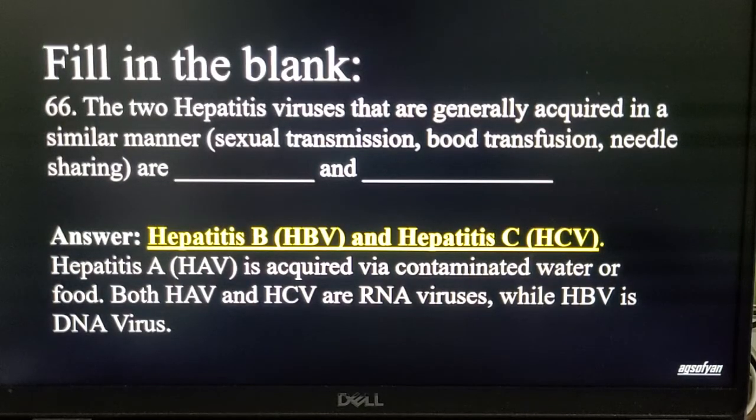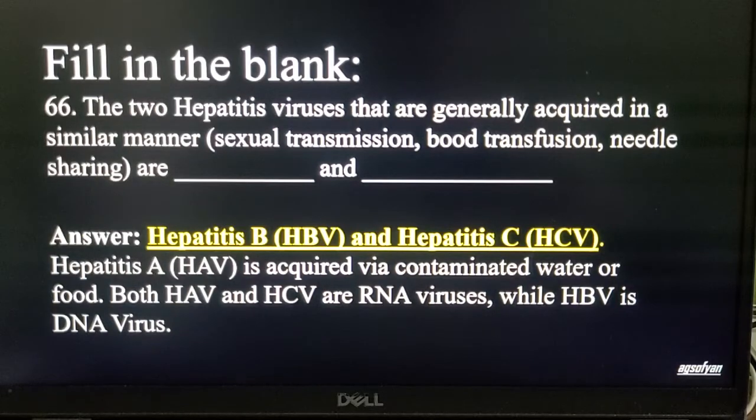The other one, hepatitis A, is through oral transmission, for example from drinking water or contaminated food. But Hep B and Hep C are transferred very similarly through sexual contact and blood.